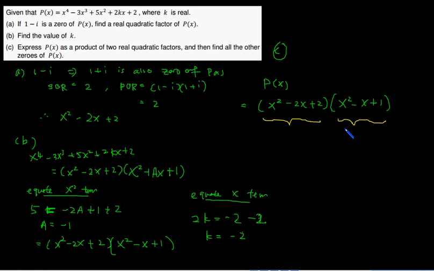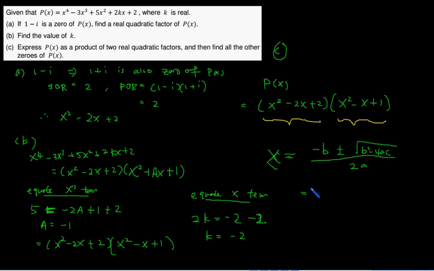And so what are the zeros for this? Well, we can just use the formula: x equals negative b plus or minus the square root of b squared minus 4ac, over 2a, and our a, b, c are 1, negative 1, and 1 respectively.